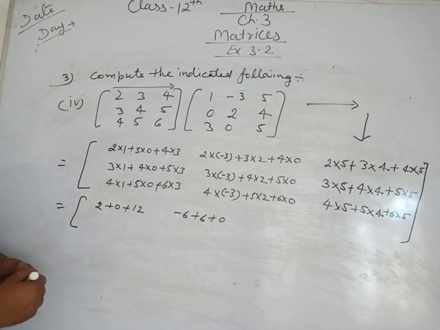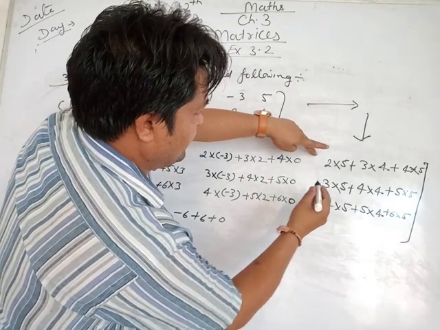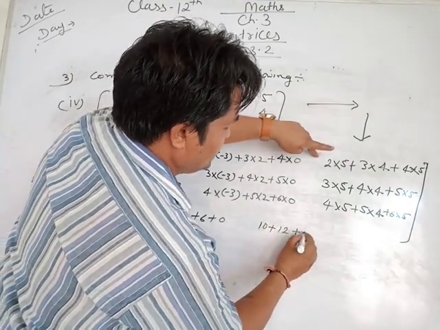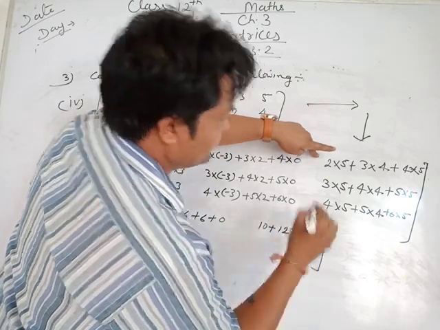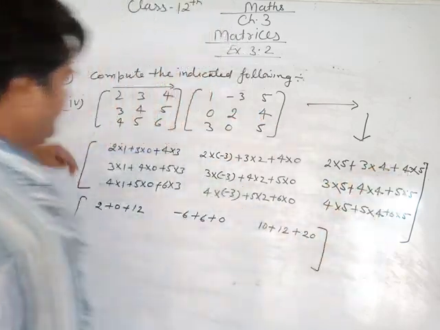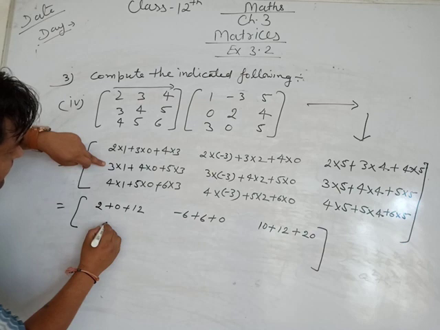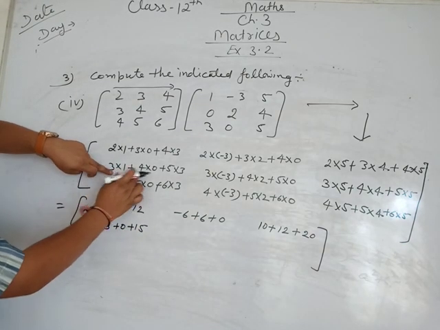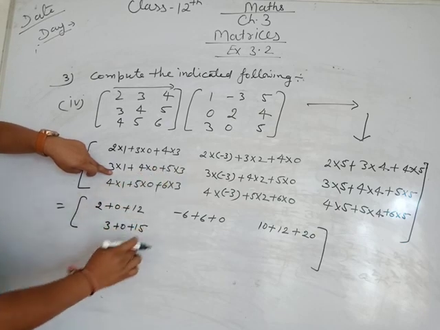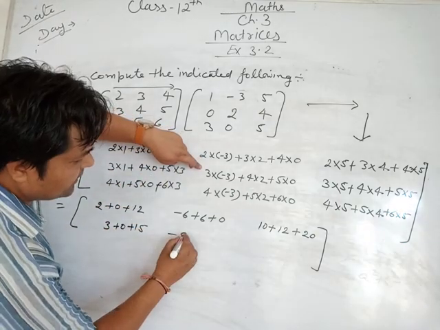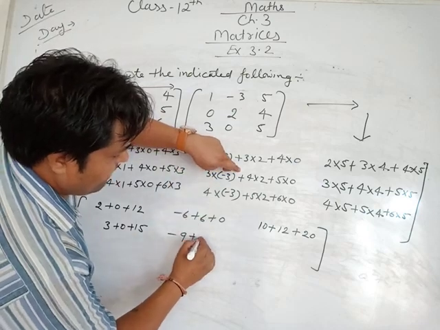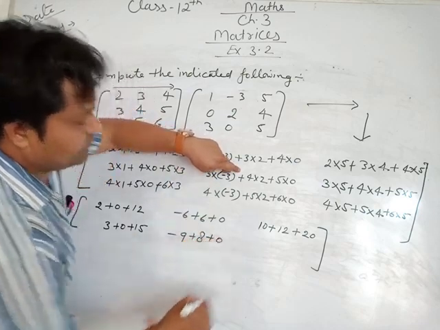Third is 2 multiply 5, 10, plus 12 plus 20. For the second row, 3 multiply 1 is 3, 4 multiply 0 is 0, 5 multiply 3 is 15. Then minus 9 plus 8 plus 0.